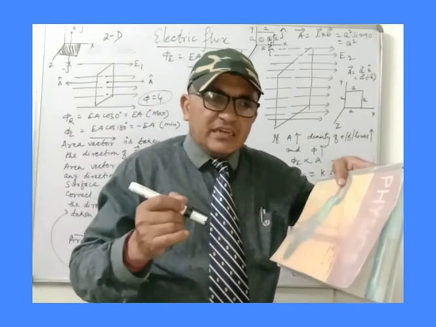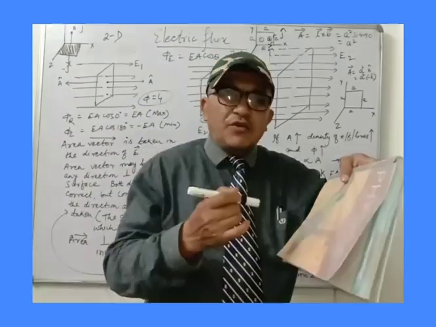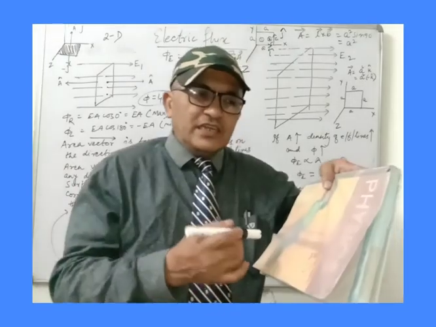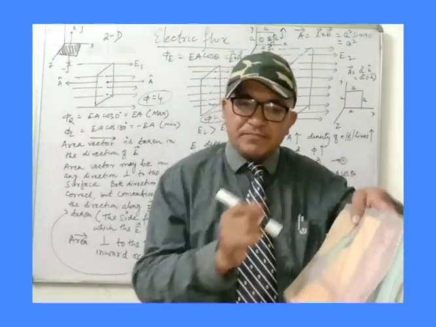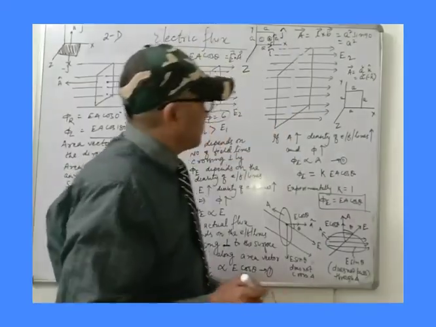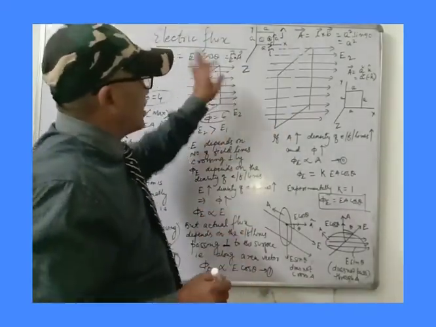If there is an angle, then we need to find out the component of electric field along the direction of area vector. Okay, that's why cos theta will come out.